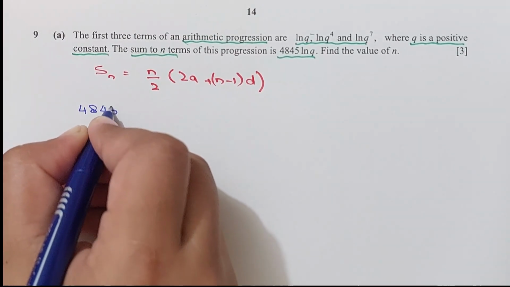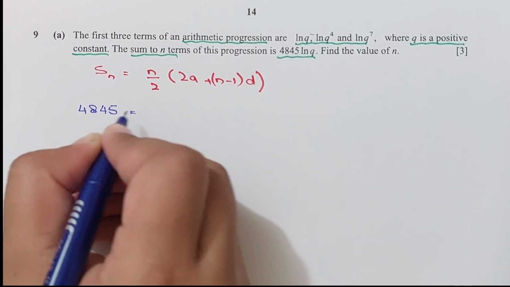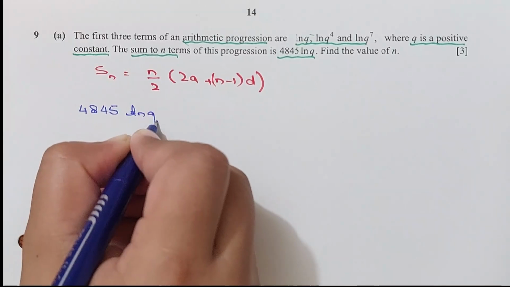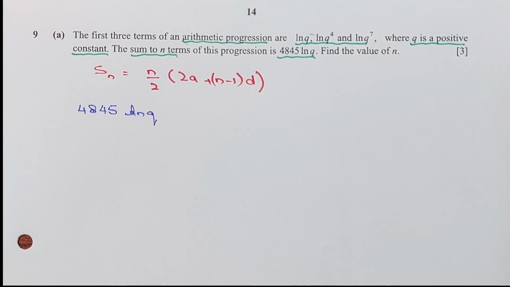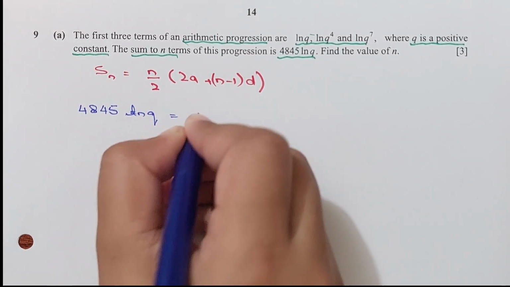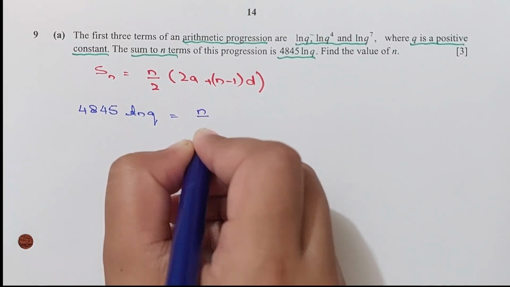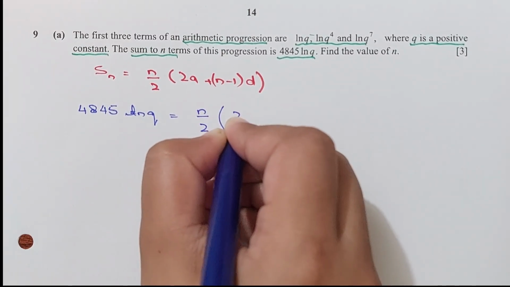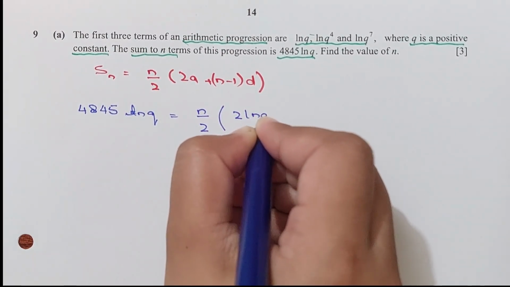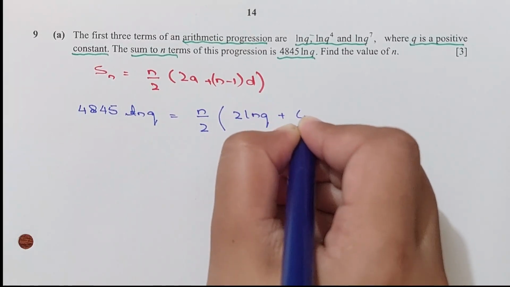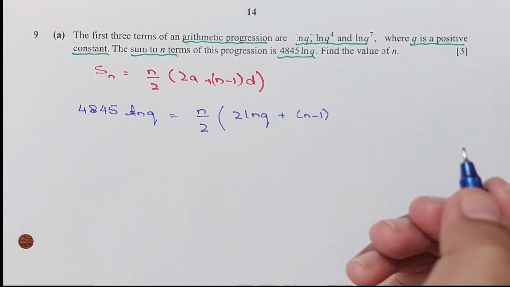Using this formula, Sn is given, which is 4845 ln q. This equals n by 2 times the first term, which is ln q, plus (n minus 1) into d, where d is the common difference.